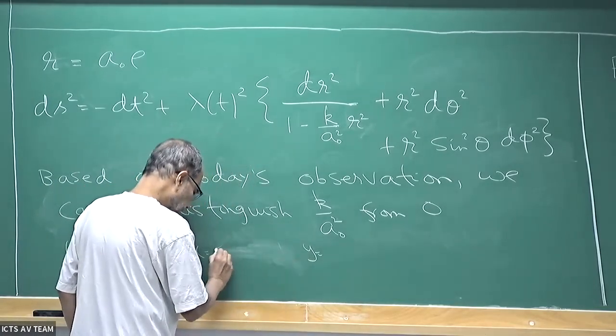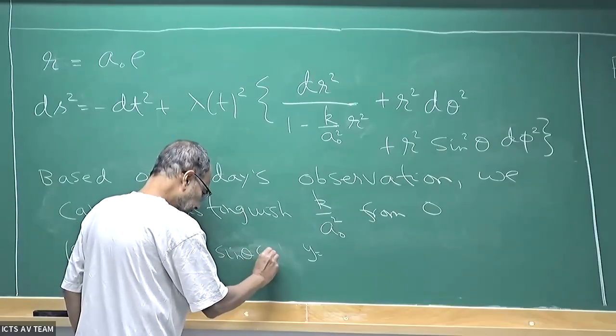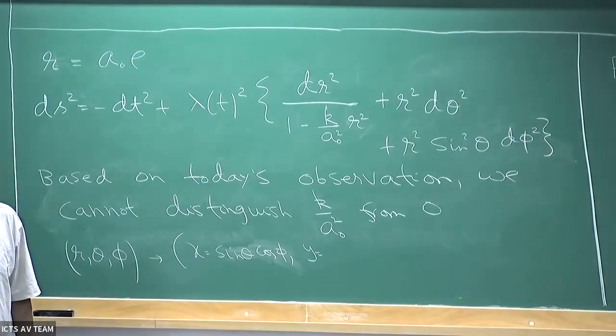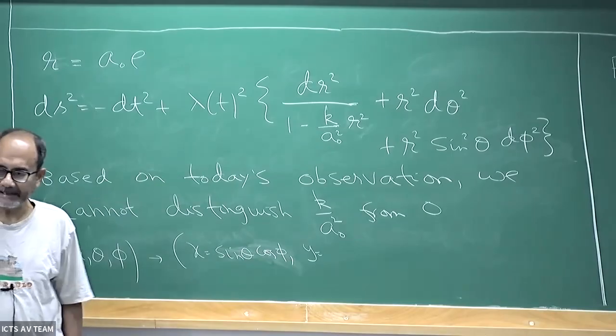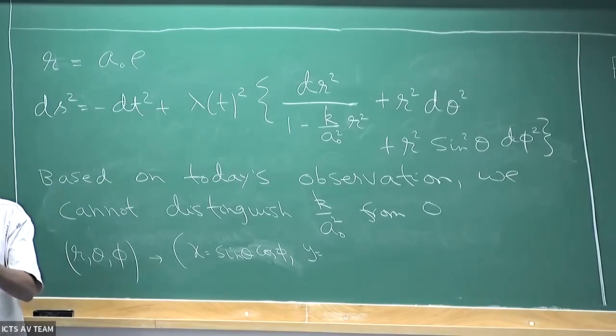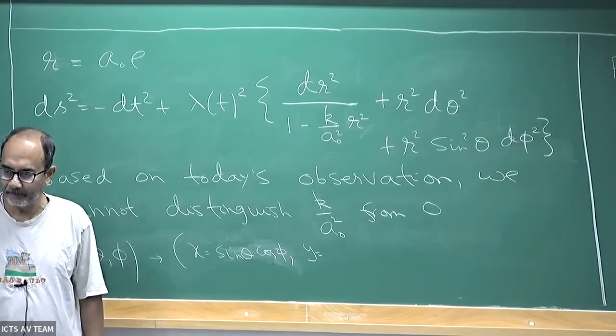Yes, K by A0 square becomes very small in the coordinates that we used previously. That is true. But if in any coordinate system you can make it nearly 0, that is good enough, right? Because sometimes by choosing a complicated coordinate system, you can pretend as if you have many parameters in the metric. Ultimately, as long as you can simplify it by choosing some coordinate system, that is a good enough argument. So any coordinate system will be fine.